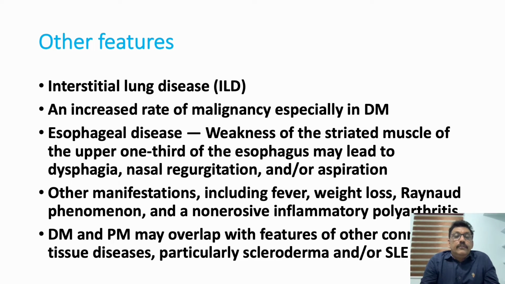Patients can also have fever, weight loss, Raynaud's phenomenon, polyarthritis, SLE, scleroderma, overlap syndromes. All these things can be associated with polymyositis, dermatomyositis. So these patients can also have the features of diseases like scleroderma, SLE or other malignancies.